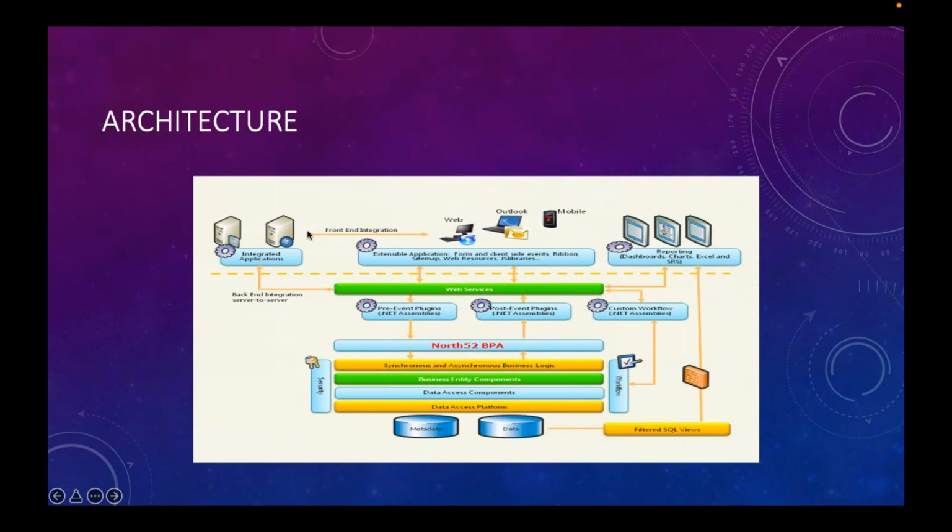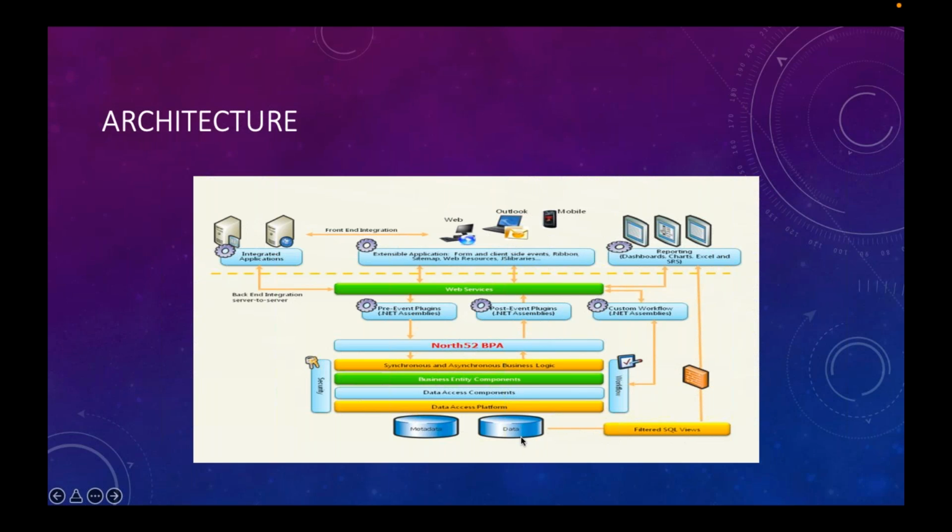And the next one is front-end integration. As I said, Dynamics users can use multiple ways. One is the web interface, maybe they can use the Outlook interface, or maybe they can use the Dynamics 365 mobile app. Whatever operations are done through the front end, that data should be saved in the database.